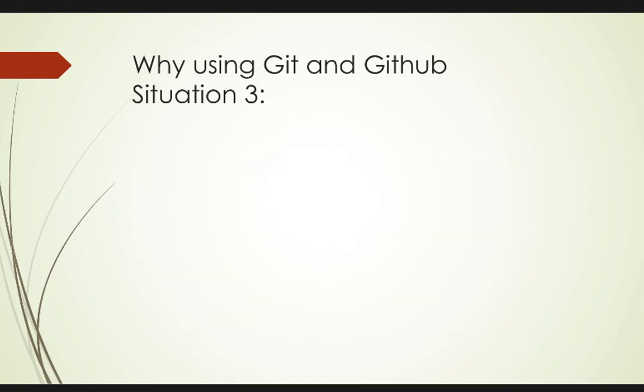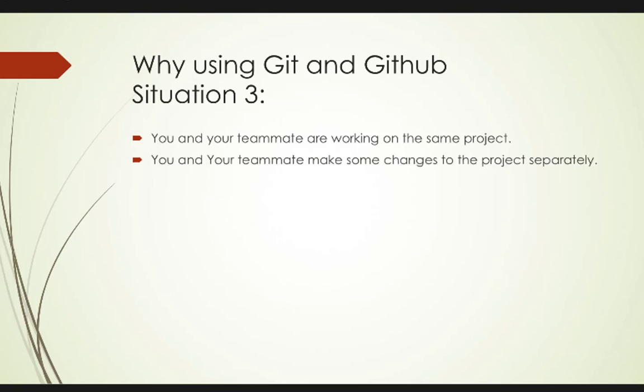And the last situation is when you want to work on the project with a teammate, and both of you are working on the same project, let's say the same file. You make changes separately on your own computer, and the teammate also makes changes separately on his own file.